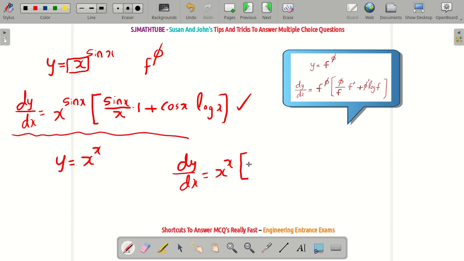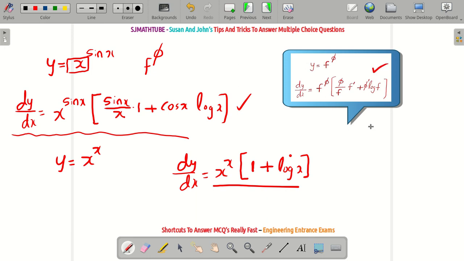X by x will give me 1, so I'm not going to write that. Into derivative of f, which is 1, plus time to differentiate the power, that's also 1. So the last thing to do, log x. So that's it. I hope you're enjoying this method.